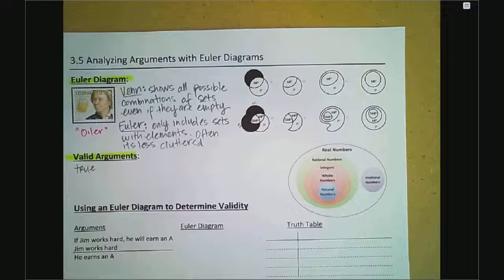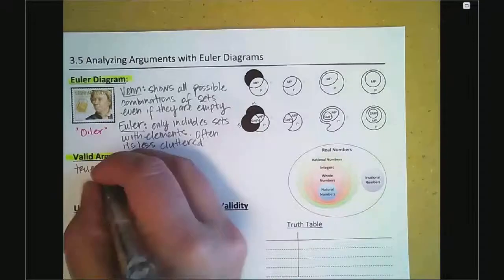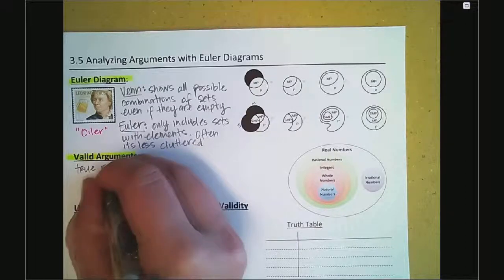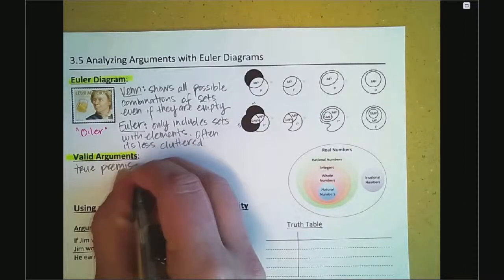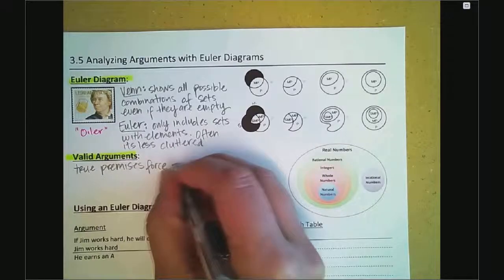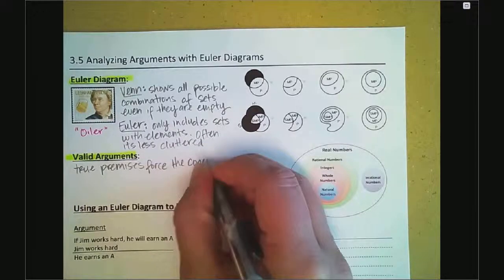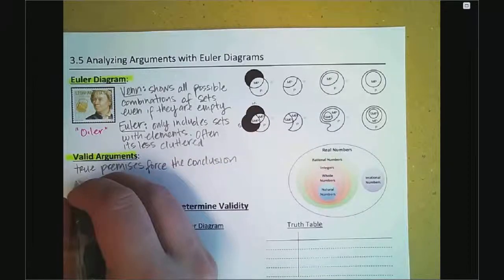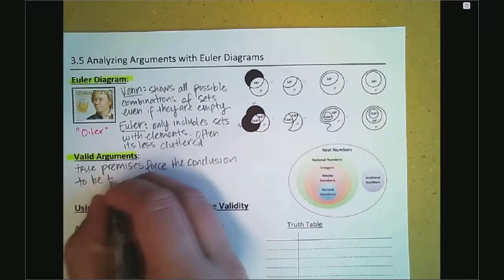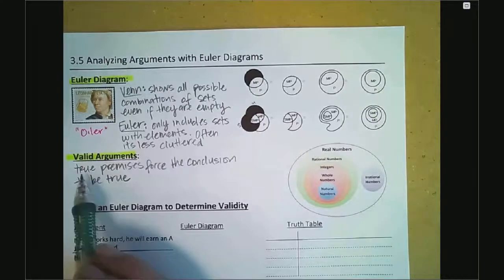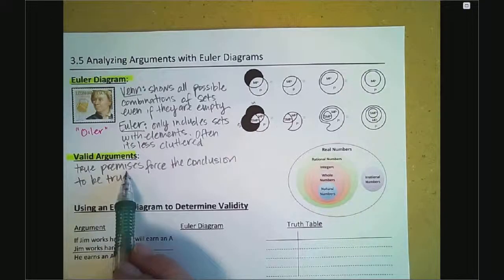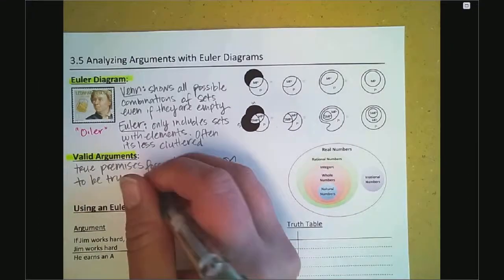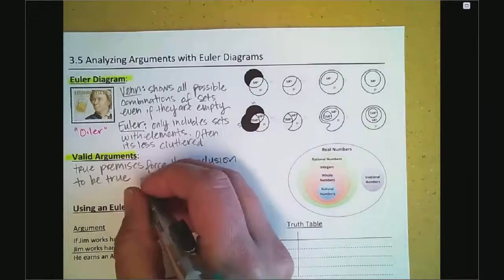And I'll tell you what that means in a second. If all of your premises are true, and the premises force the conclusion to be true, in other words, you have what's called a tautology, or all true in your truth table, then we would say that that is a valid argument.